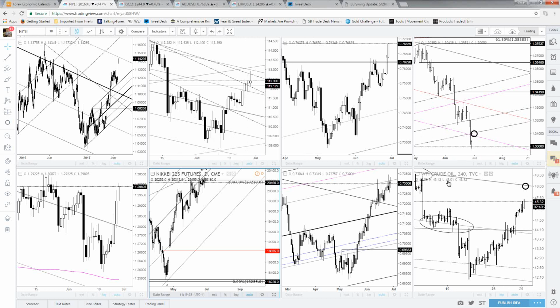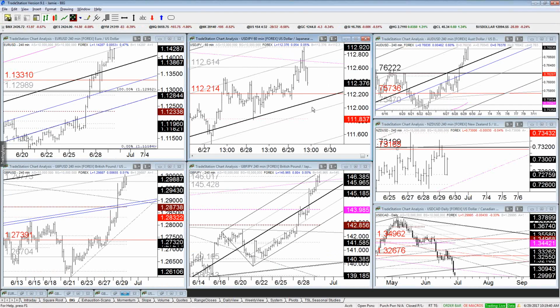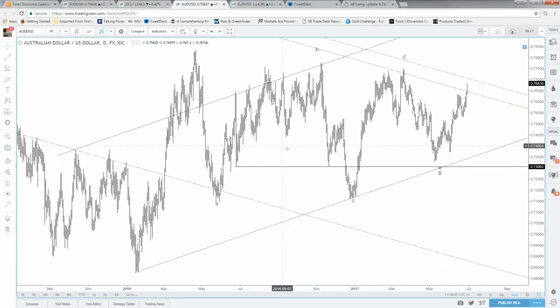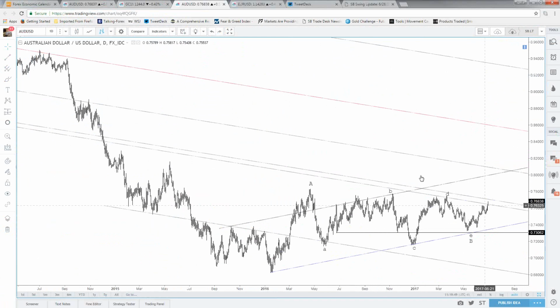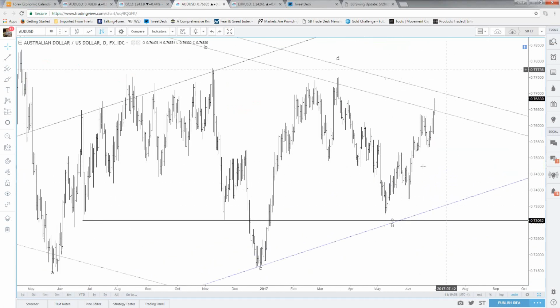Okay, so the Australian dollar. Here we are. And we had talked about a question on Twitter asking if this was 1, 2, 3, 4, 5.